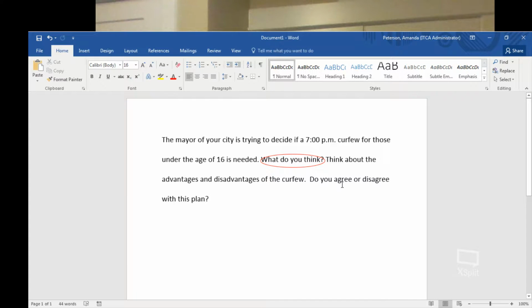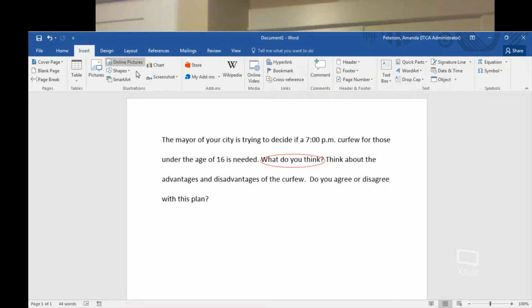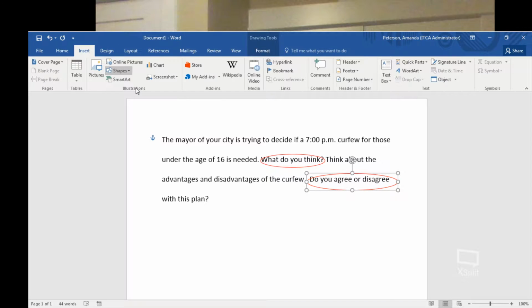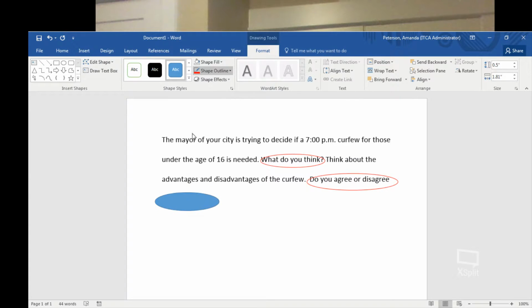Now it says to think about the advantages or disadvantages, and do you agree or disagree with this plan? Great. Boom. Another question. Might have to do a little bit of a two-parter here, since we're doing it online.